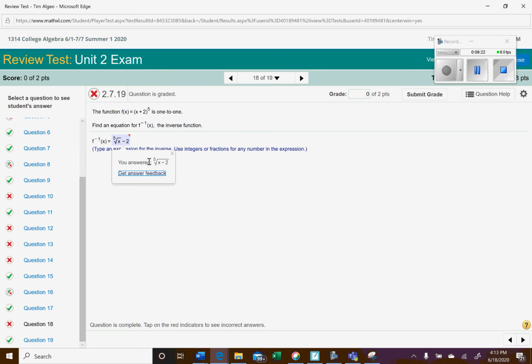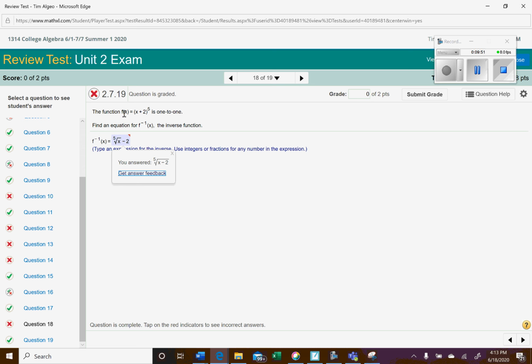So the issue with the radical sign is, it should not have been extended over the whole thing. Whenever you do a radical sign like that, it looks good. The 5th root looks good. Once you're done inside there, you need to arrow to the right to get out of there, and then put the -2. So whenever you're finding the inverse, you switch these, so this would become x equals y, right?